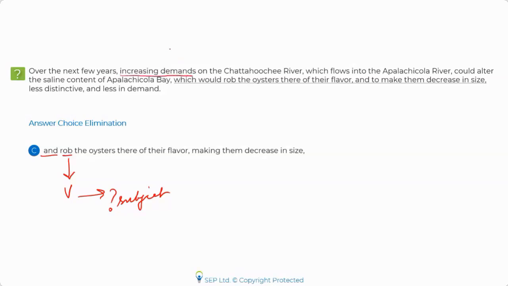Increasing demands could alter the saline content, and increasing demands rob. But then the demands don't rob the oysters there of their flavor. And of course, making them decrease in size, that means the demands make the oysters decrease in size, which is also wrong. So C is out.